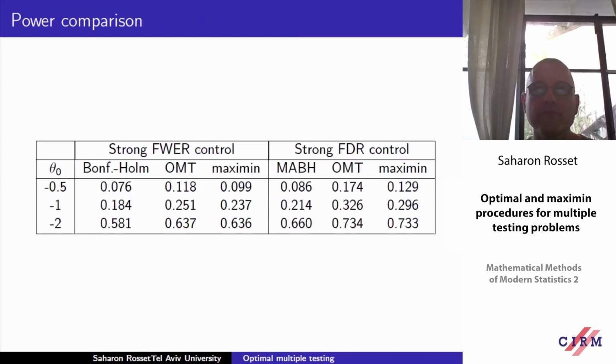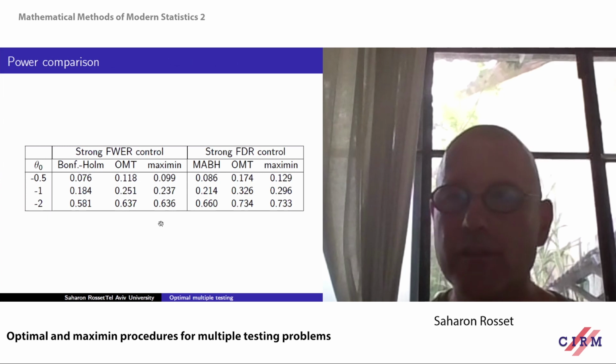Okay. So just to show that this gives us something, this table shows the power we attain from the single alternative formulation, which we call OMT, and from the maximin formulation, for family-wise error rate on the left, for FDR on the right.